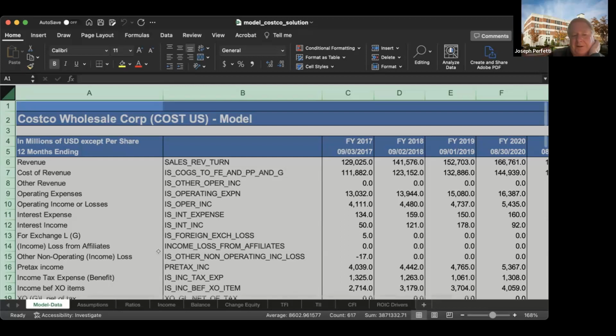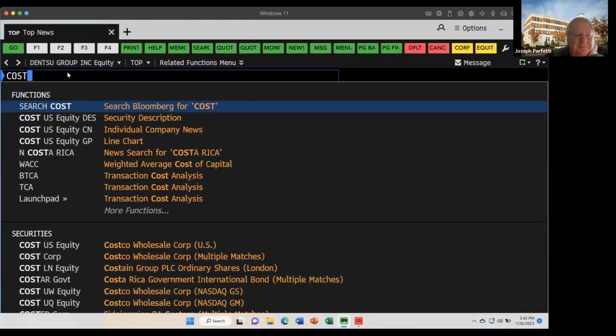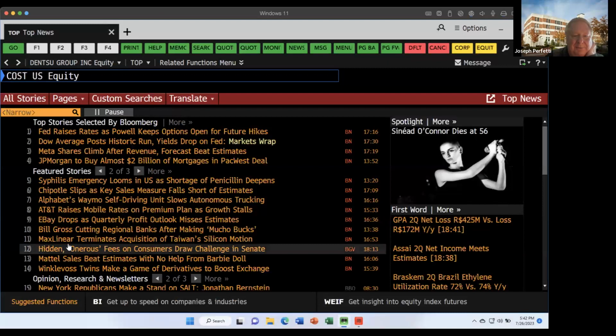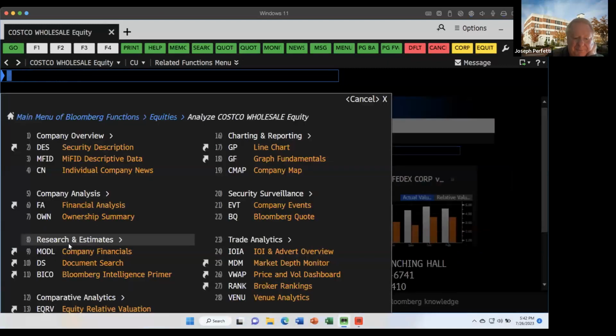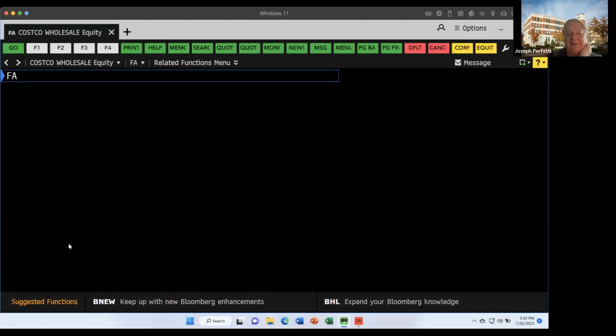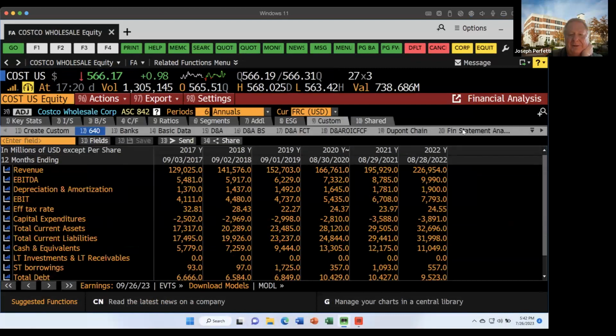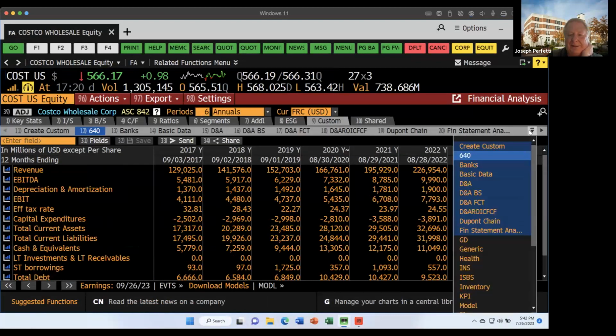Yeah, so just for everyone's benefit, what she is talking about, here's Bloomberg. And if you go to a company like Costco in Bloomberg, there's something called FA, which is historical statements. This is where they have all the historical statements for a company. And over here on custom, you can create your own custom templates for historical data.